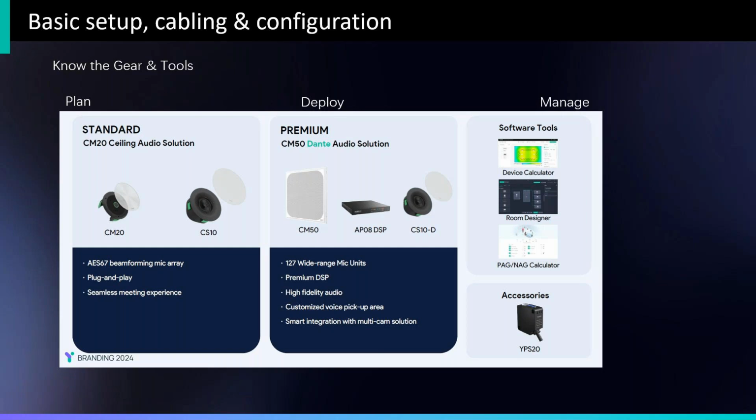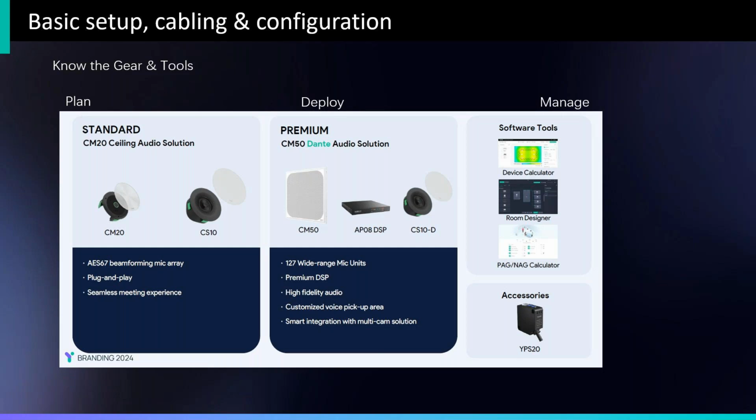So they are all priced at a very good level, and from an audio quality standpoint definitely compatible with the high-end gear that we know is out there on the market.